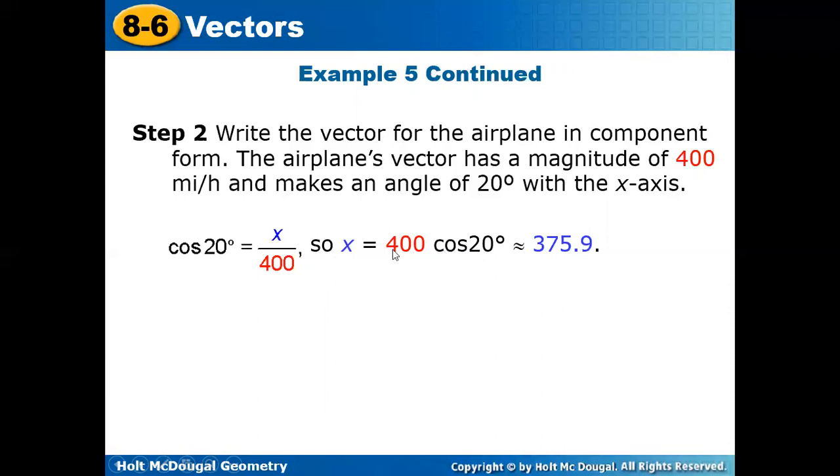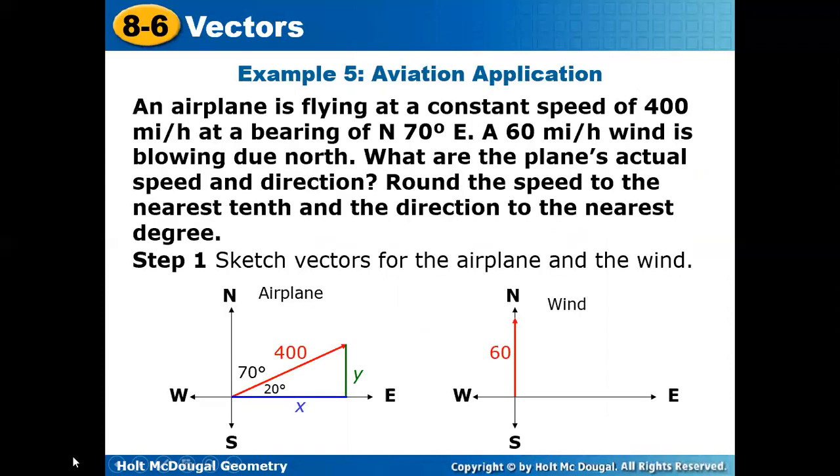So 400 times cosine 20, and also y equals the magnitude times sine 20. Now ask yourself, why do we use 20? Why didn't we use 70 like the given in the question? Because we need the angle which the plane makes with the x-axis. So look here, we need this angle, which is 20.